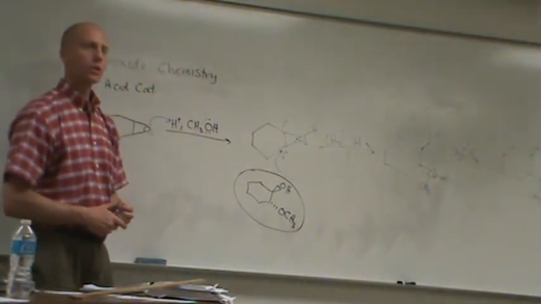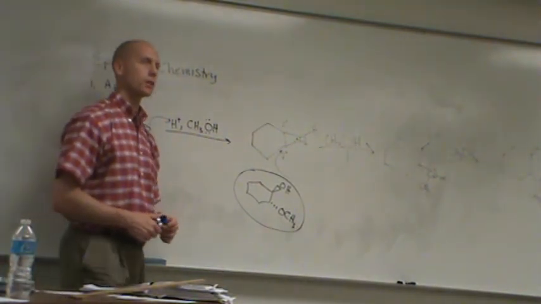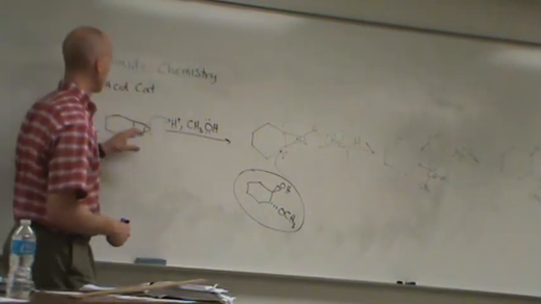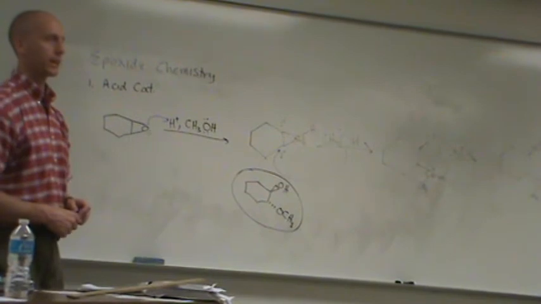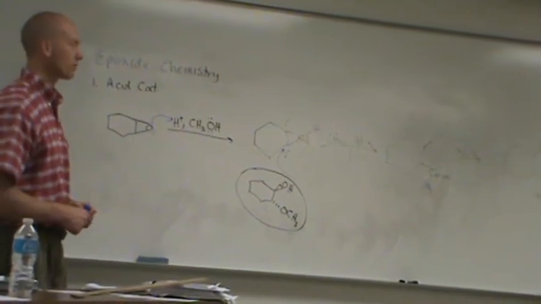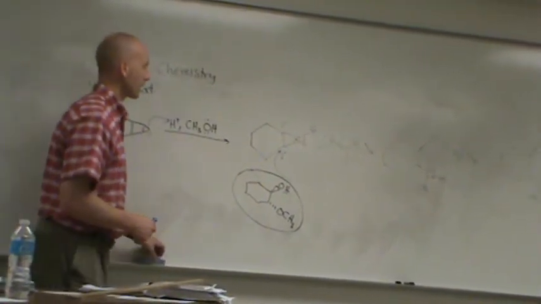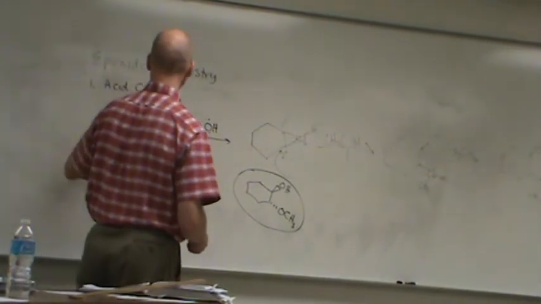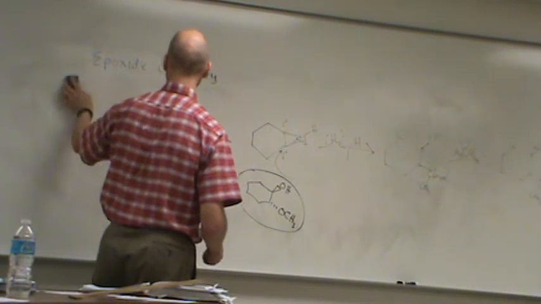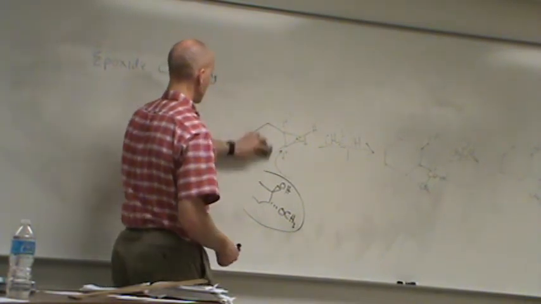Okay, so these are the three examples of acid catalysis that you want to know for opening the epoxide ring. Okay, not too bad. Now let's do the easier one. I saved the easier one for last. That's the base catalysis.